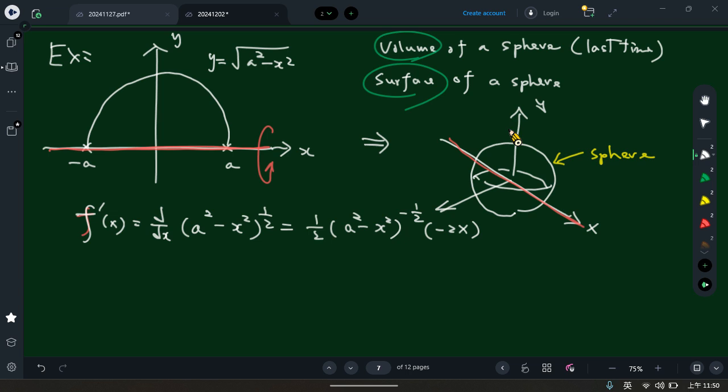So if we already have this, then we can have 1 plus f'(x) squared as 1 plus this one, right? 1/2 times a squared minus x squared to the power of negative 1/2.